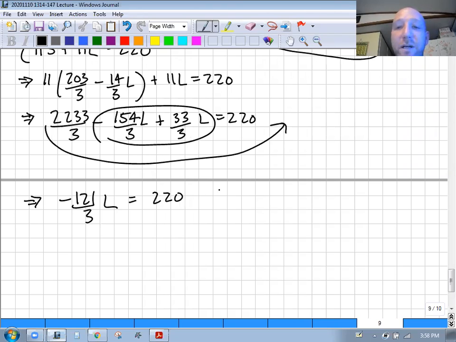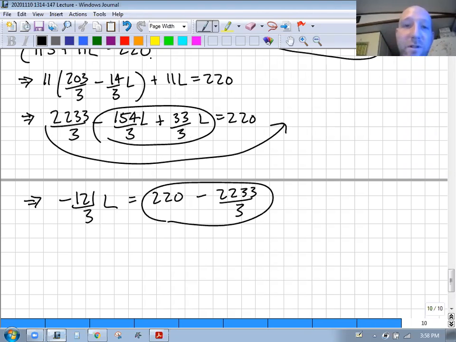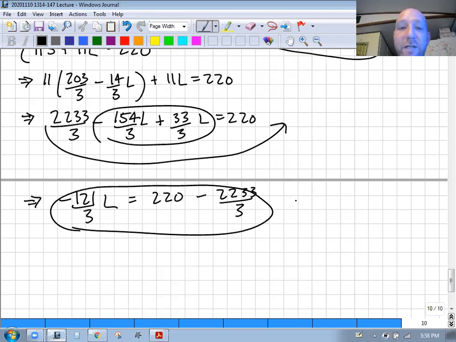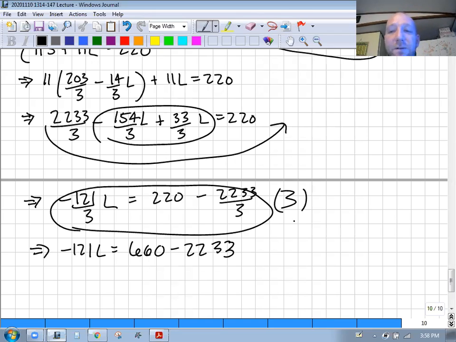Subtract that from both sides. Minus 2,233 over 3. Again, if we're going to put this in terms of thirds, let's just multiply this whole equation by 3, just to get rid of the fractions.